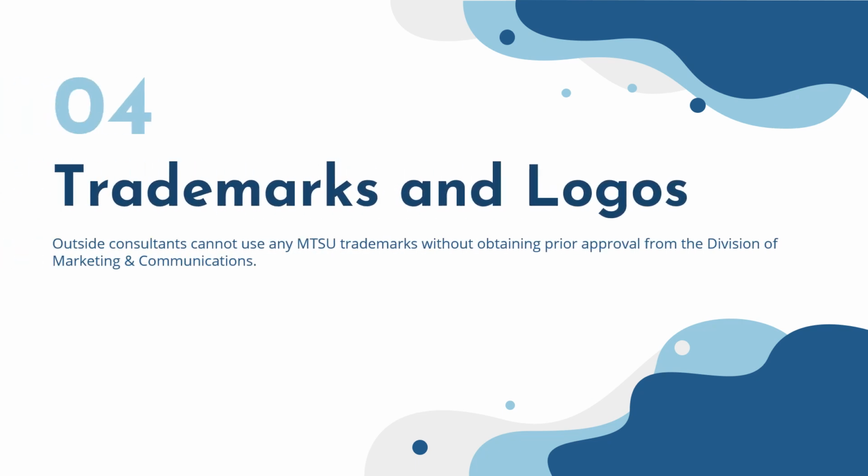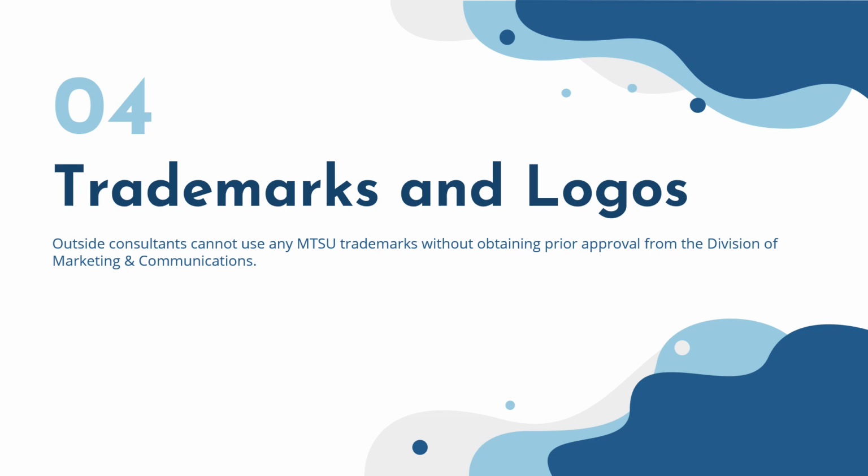Now let's talk about trademarks and logos. Outside consultants cannot use any MTSU trademark without obtaining prior approval from the Division of Marketing and Communications. And let's just be real, a student organization really needs to seek that permission as well, especially if you're looking at a t-shirt design, or maybe you're looking at creating a logo that's going to use part of the university's trademark.